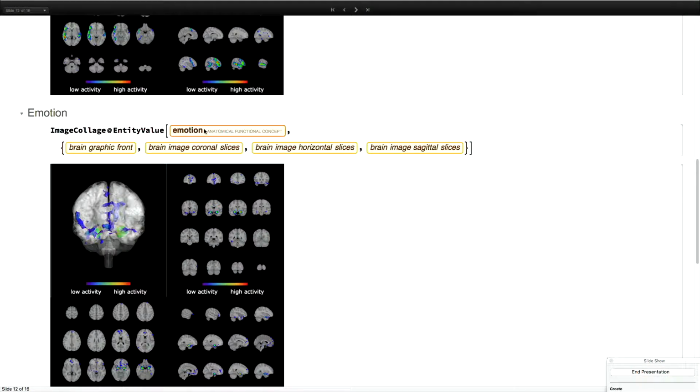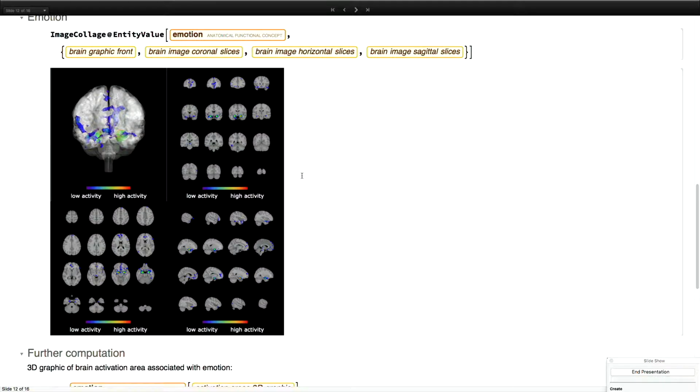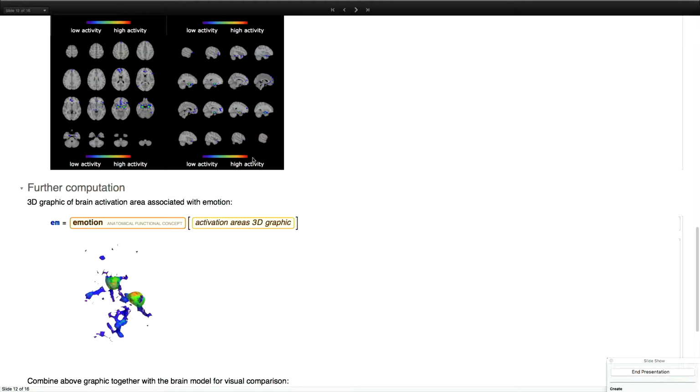And next one is emotion processing. We can spot the higher activity area near the center of the brain. This is the amygdala. And this activity area is available in the form of 3D graphics and can be extracted.